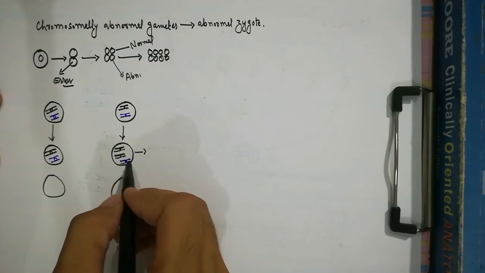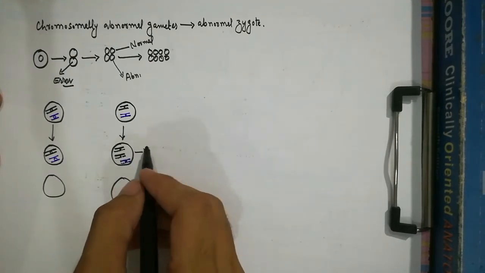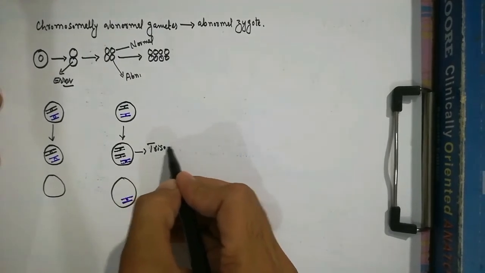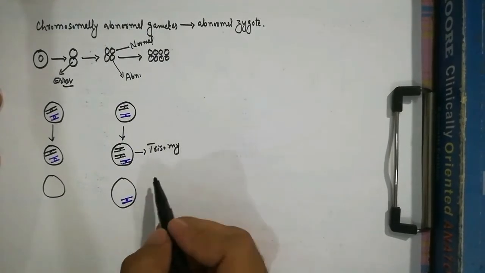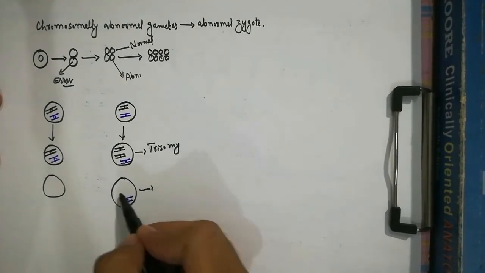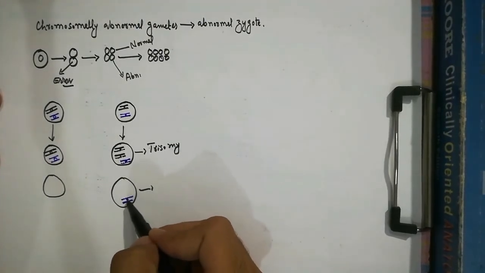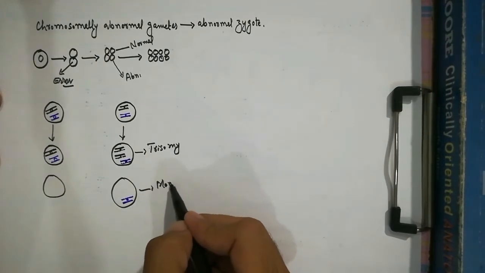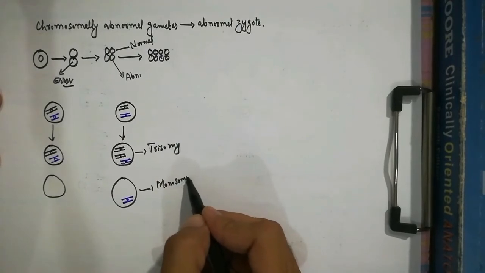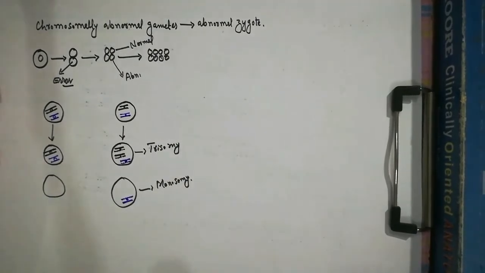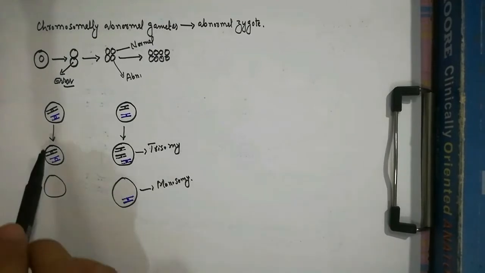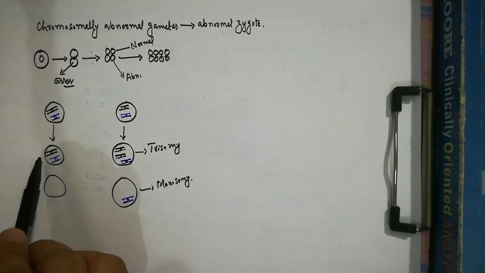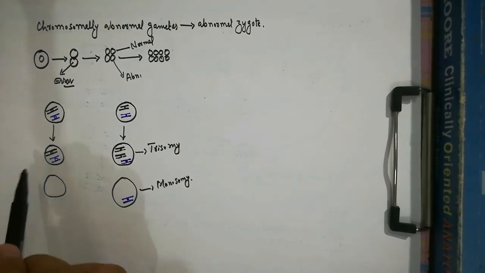As a result of mitotic non-disjunction, in one cell there is trisomy, and in the other cell at a pair there is one chromosome and one chromosome is lacking, means this is monosomy. And in case of meiotic non-disjunction, trisomy and monosomy are produced when these gametes unite at the time of fertilization.